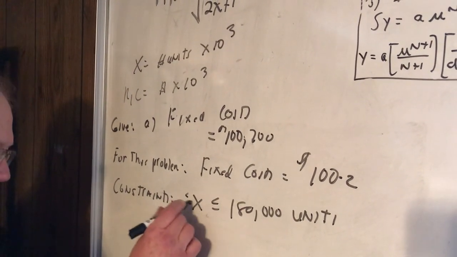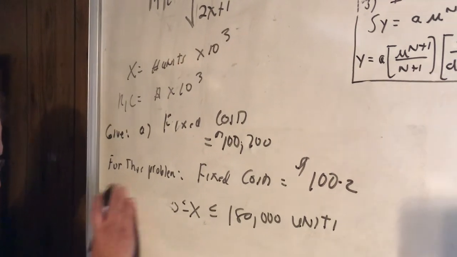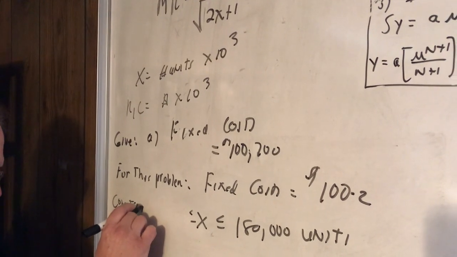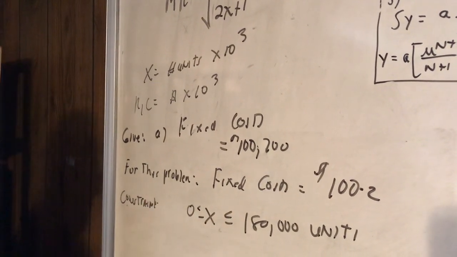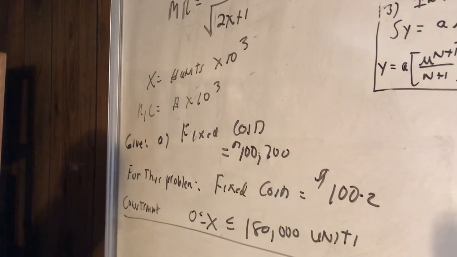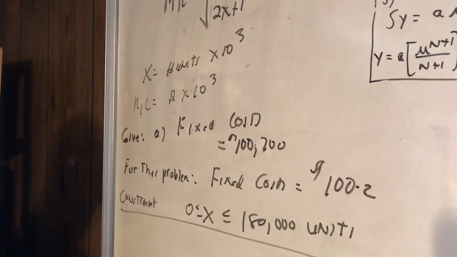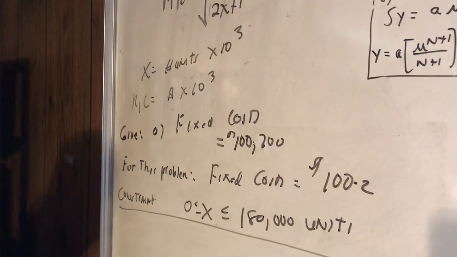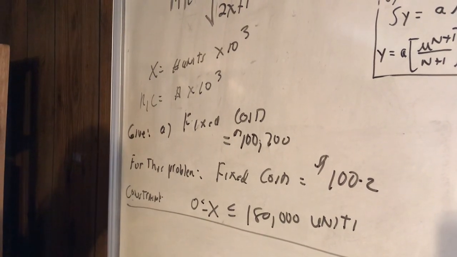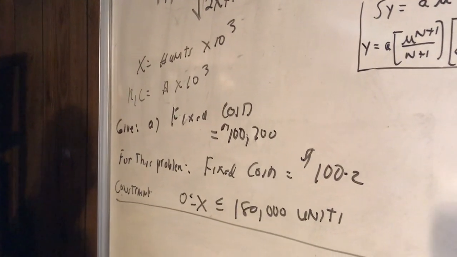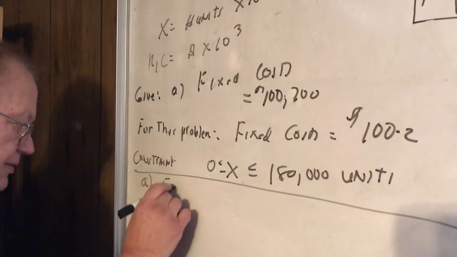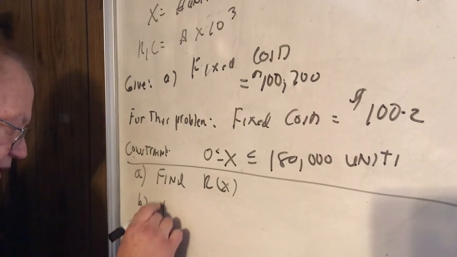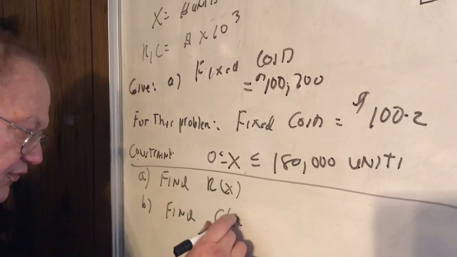That's what they're saying. This only holds from 0 to 180,000 units. Okay, those are everything that's given. So what do you want to find? Well, in this case, for this problem, we have to do the long, dreadful method. Here's what they want. Find the revenue function. Find the cost function.